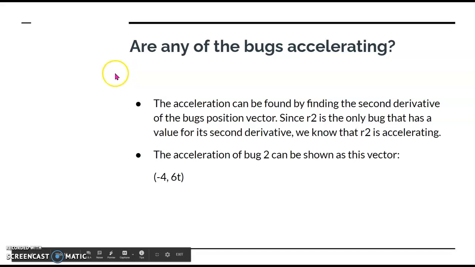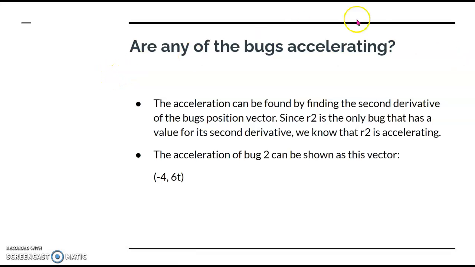Are any of the bugs accelerating? Well, in order to figure that out, we just need to find the derivative of the velocity vector. When we do that, we don't get anything for R1 and R3 because their velocity is not changing. Therefore, they're not accelerating, they're not decelerating.